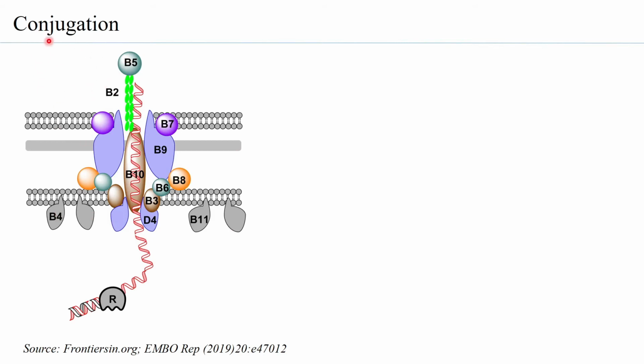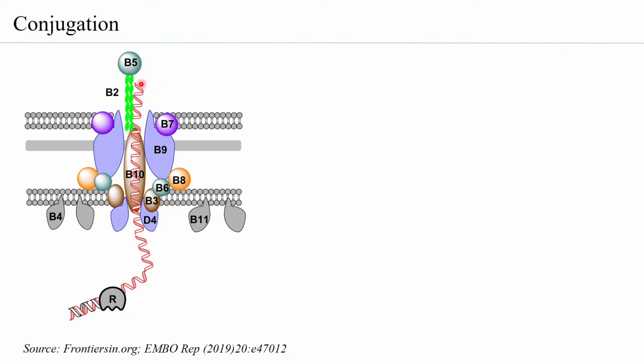The F plasmid has genes that give rise to several proteins that ultimately form what is called the conjugation tube. So you can see that several proteins come together, and this one over here is the pilus, which is able to push in and pull out.